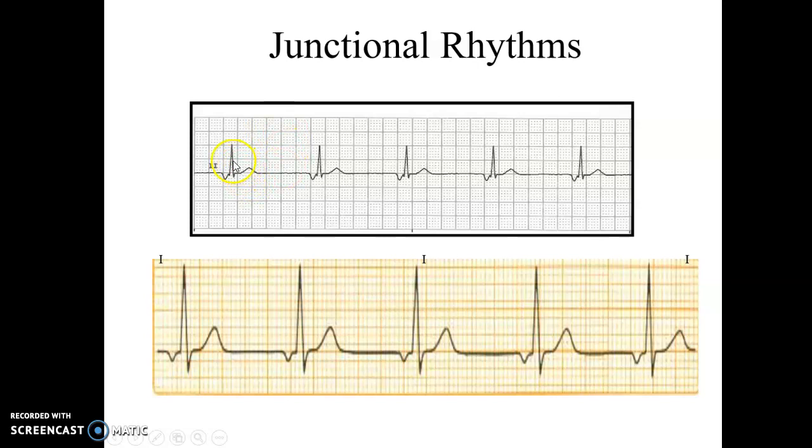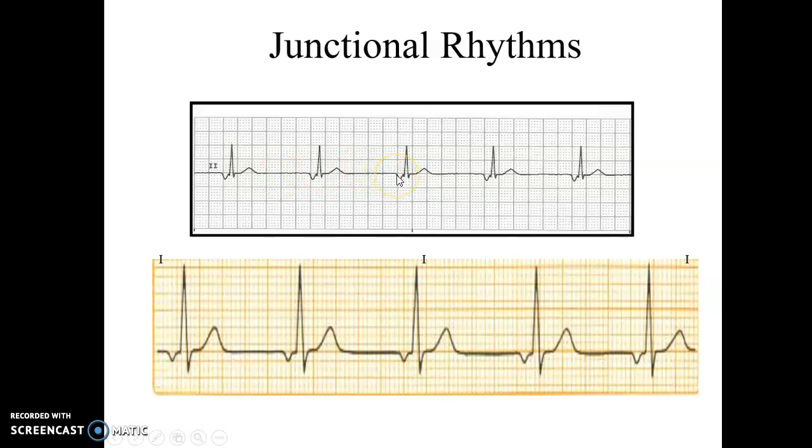Now this example here, QRS to QRS to QRS to QRS to QRS is regular. My rate is 1, 2, 3, 4, 5, so a rate of 50. I see that I have an inverted P wave, and then it goes immediately into the QRS. There isn't that hold like we usually have when the AV node normally holds it.